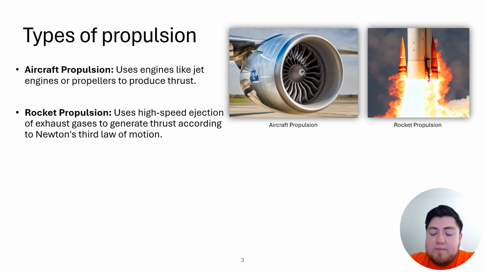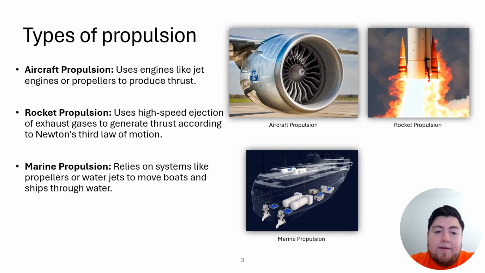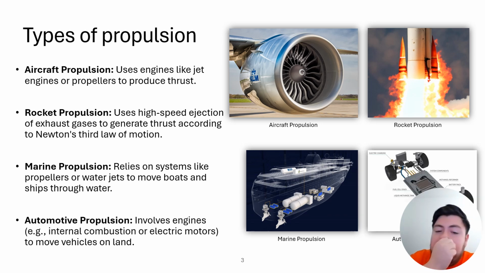That's a picture of a rocket. And then we have marine propulsion, which relies on systems like propellers or water jets to move boats and ships through the water. And lastly, we have automotive propulsion. This involves engines, either combustion or electrical nowadays, to move vehicles on land.